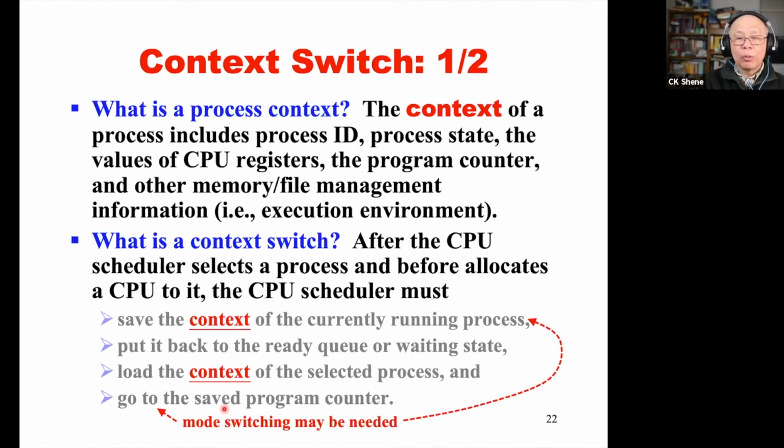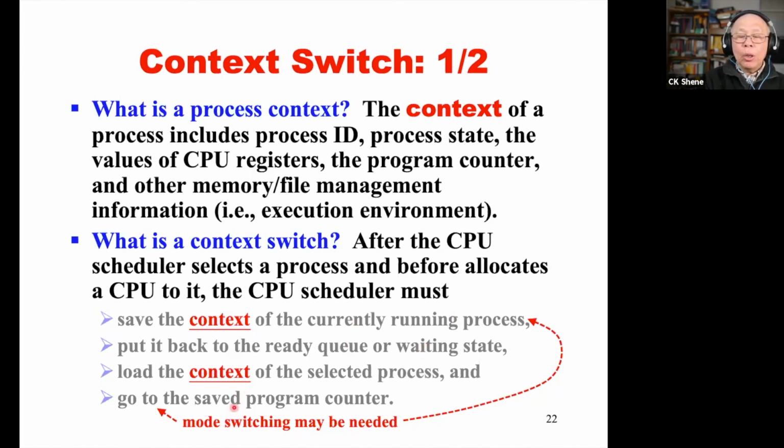Remember CPU mode. Therefore, when the CPU scheduler is going to save this context, we need a mode switch to the kernel mode, so that it saves the context, puts the process back to the ready or waiting state, and loads the next context.